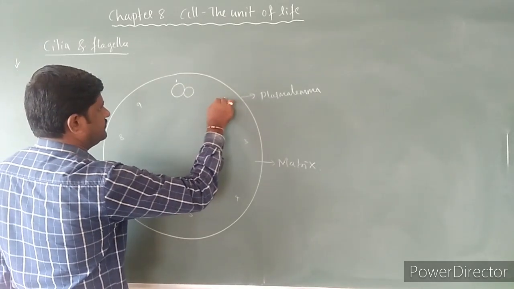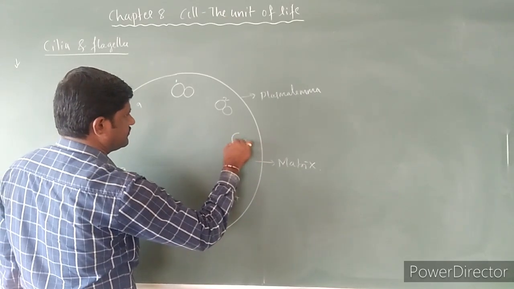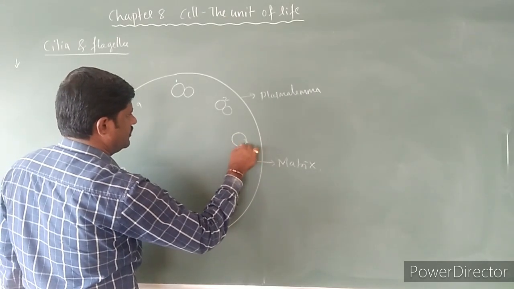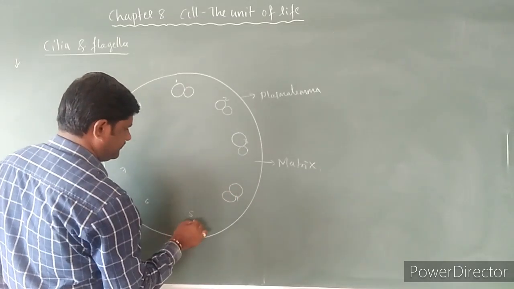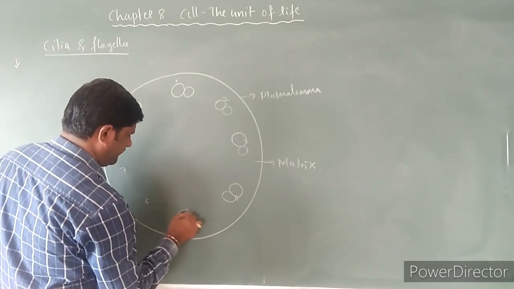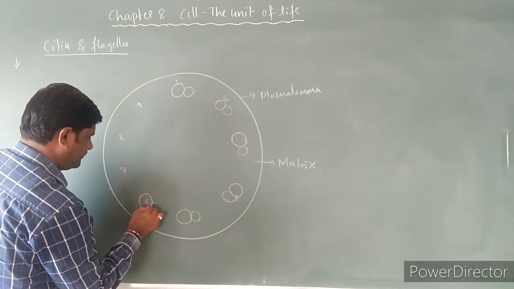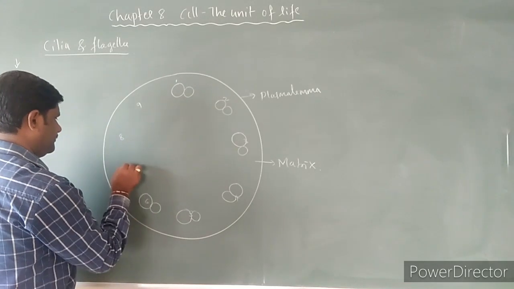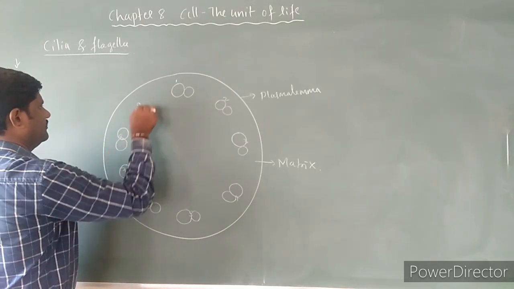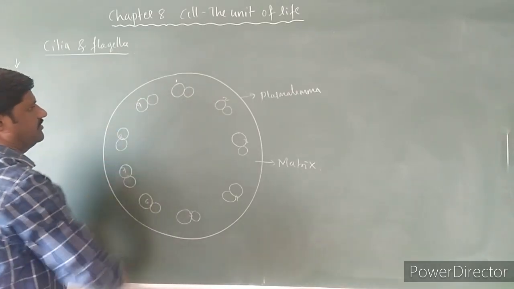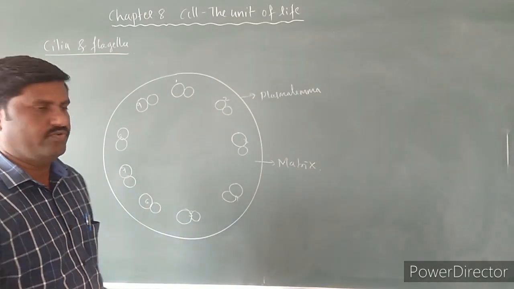This is one doublet, this is another doublet, this is the third doublet, this is the fourth, the fifth, the sixth, the seventh, the eighth, and this is the ninth. Like this, 9 doublets you come across here.